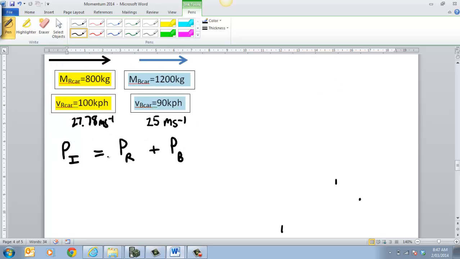If we think about that, the momentum of the red car is equal to the mass, which is 800, times 27.78, plus the blue car, which is 1200, times 25. That's what I can do on my calculator.